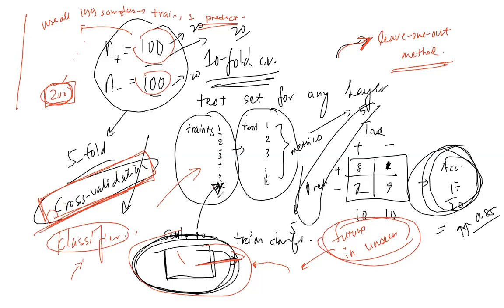So over here, if you leave one out, you predict, right? You will get a whole bunch of predictions, so you have 200 predictions in this case. So yeah, does that answer your question?